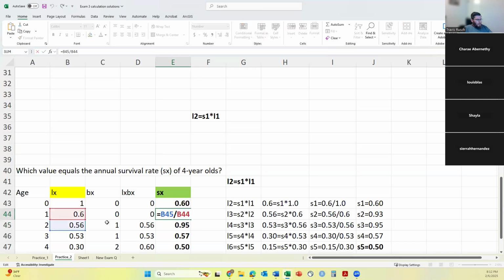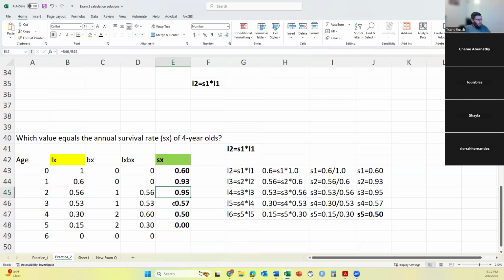So to get S2, we need L3 divided by L2. So that's 0.56 divided by 0.6, and that gets us 0.93. And we can do it for all of the S values. And actually, we can even do it for 5, but what we're asking for is up to 4. So the answer to which value equals the annual survival rate of 4-year-olds is 0.5, right?